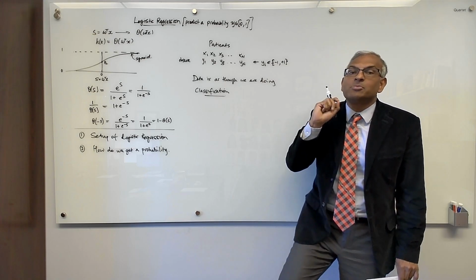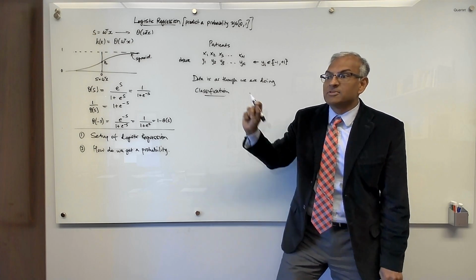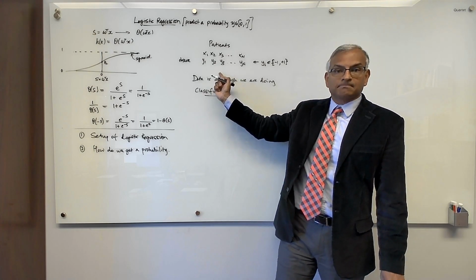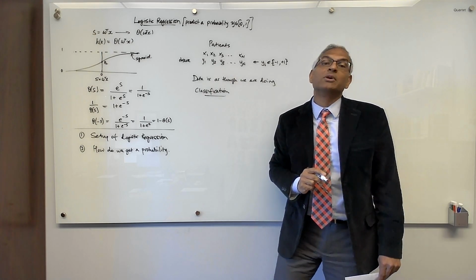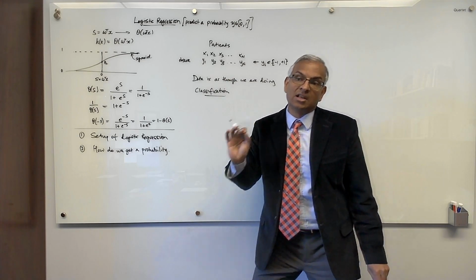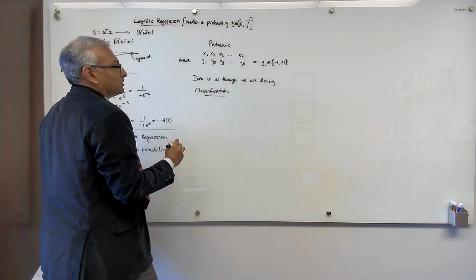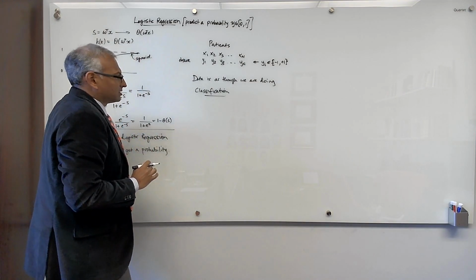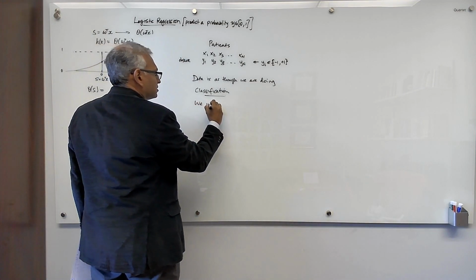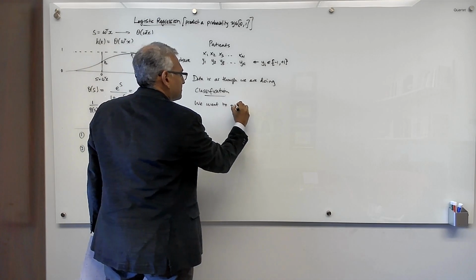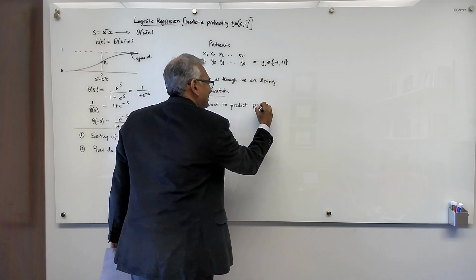The challenge is we have to predict a probability from the same type of data that we would use if we were trying to predict a classification, heart attack or not. So it's the same type of data as classification, but we want to predict probability.